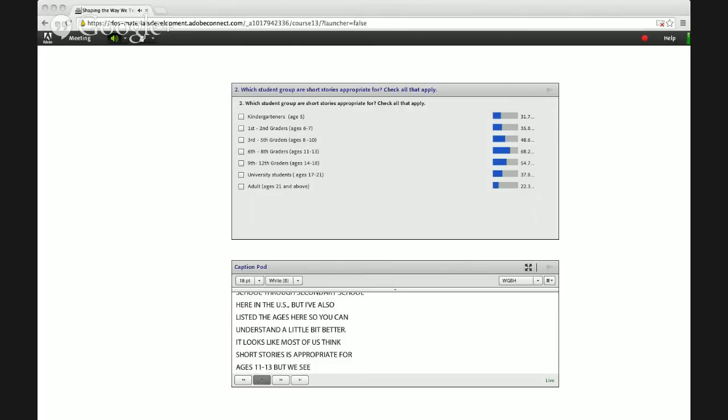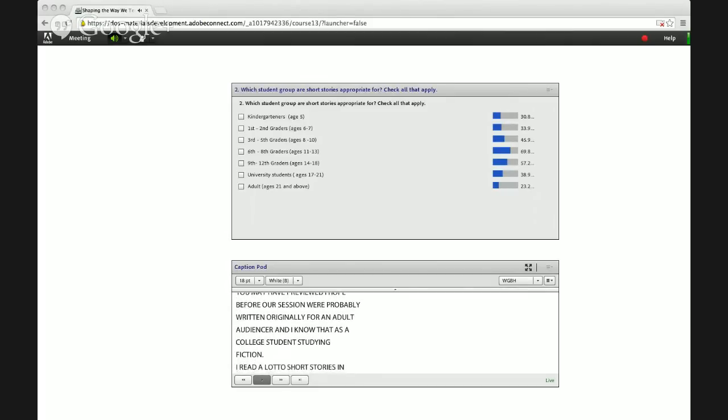I think it's interesting that we think adults might benefit the least from short stories. But actually, all of those simplified readers that you may have previewed, I hope, before our session, were probably written originally for an adult audience. And I know that as a college student studying fiction, I read a lot of short stories in my writing classes, and they were really useful to me.